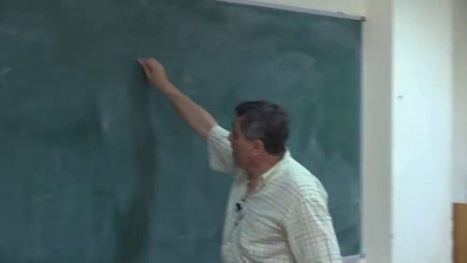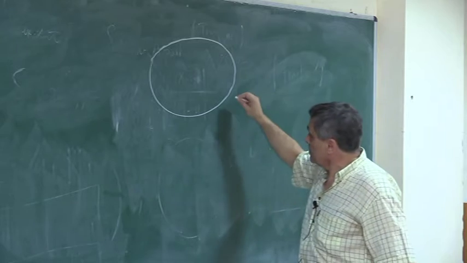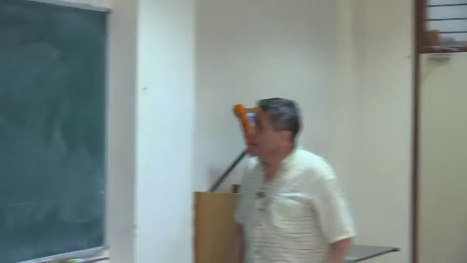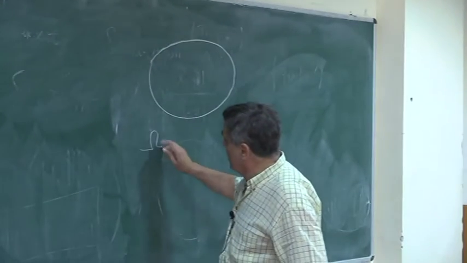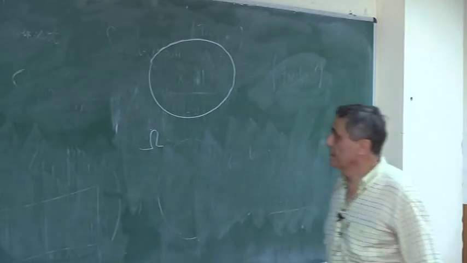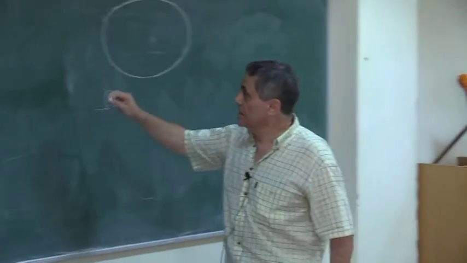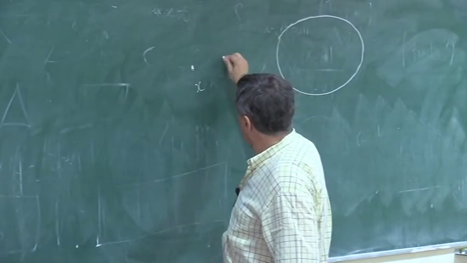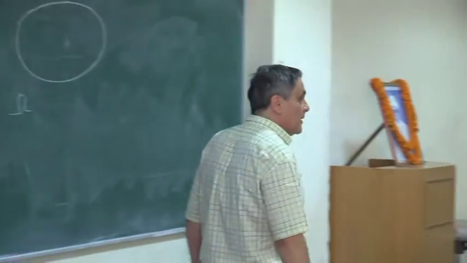Again, now I have here a convex set, and I want to call Omega the exterior of this convex set, and I want to define a distance between two points x and y in the exterior of the convex set.